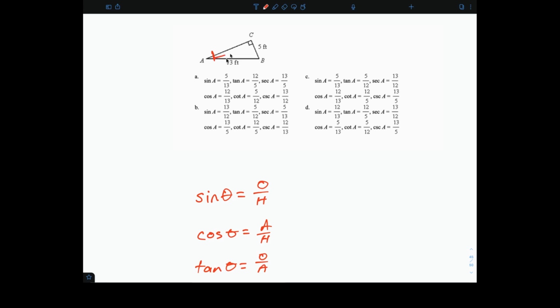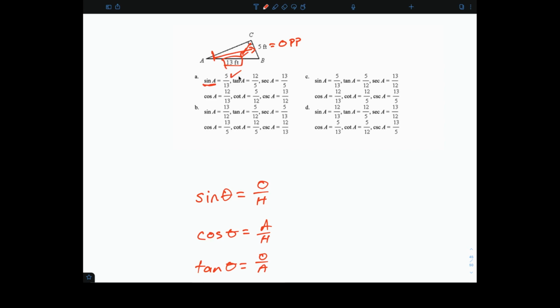So opposite is the side across, which is 5. And hypotenuse is the longest, which is going to be 13. It's also across from the 90. So we know that sine A has to be 5 over 13.